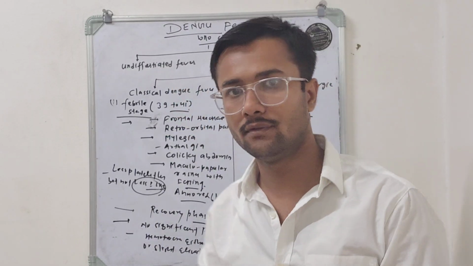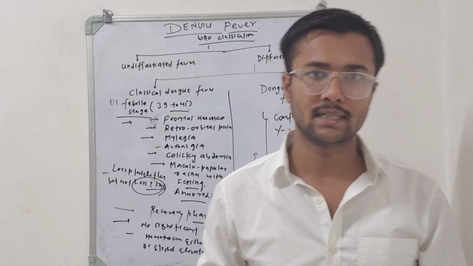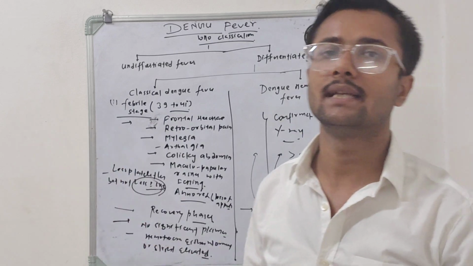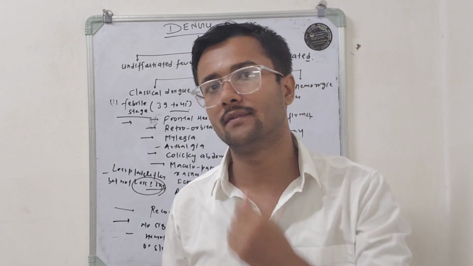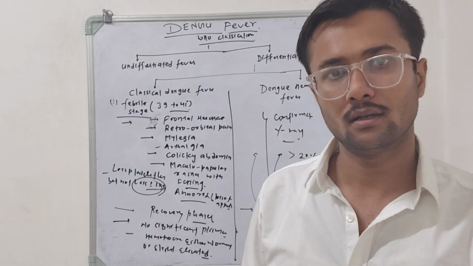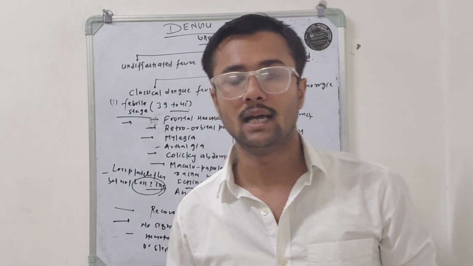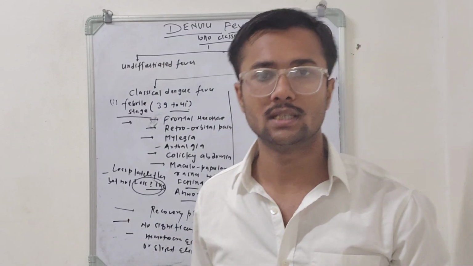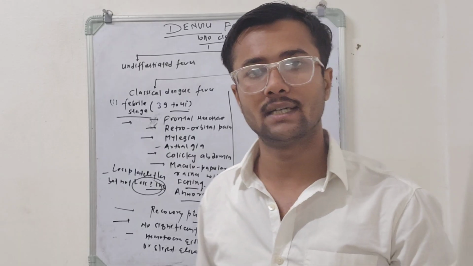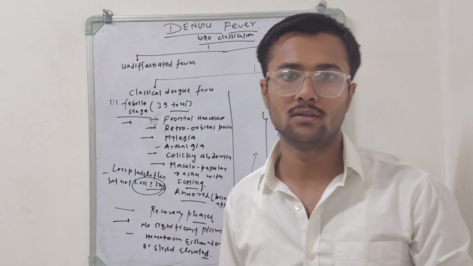The accumulation of excess fluid inside the pleural cavity is called pleural effusion. When we go for the X-ray, we observe that the patient has a pleural effusion. This pleural effusion concludes that the patient has dengue hemorrhagic fever, and it is due to the significant plasma leakage. On this basis, we can differentiate dengue hemorrhagic fever from classical dengue fever.